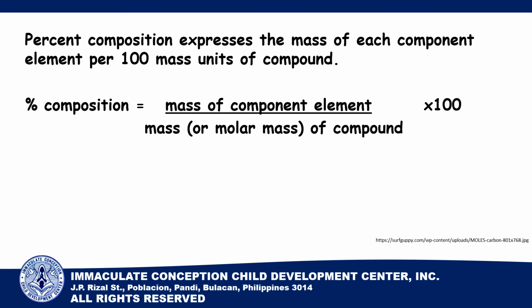Percent composition allows us to know the ideal dosage or amount of substances to use. In medicine, for example, using more than the recommended dosage of a certain substance may adversely affect one's health, as in drug overdose.